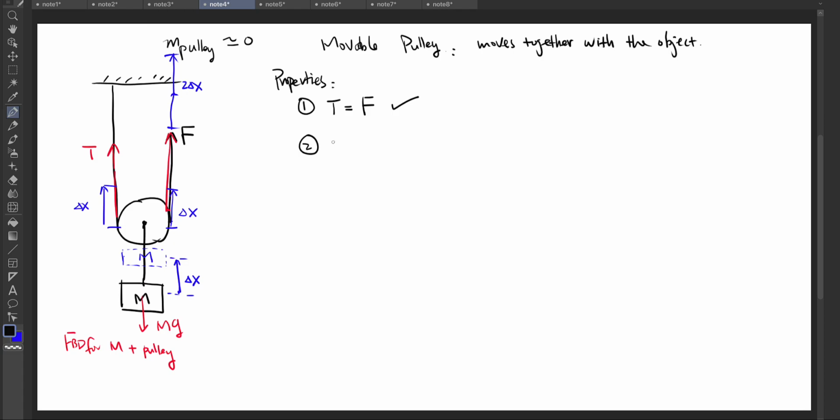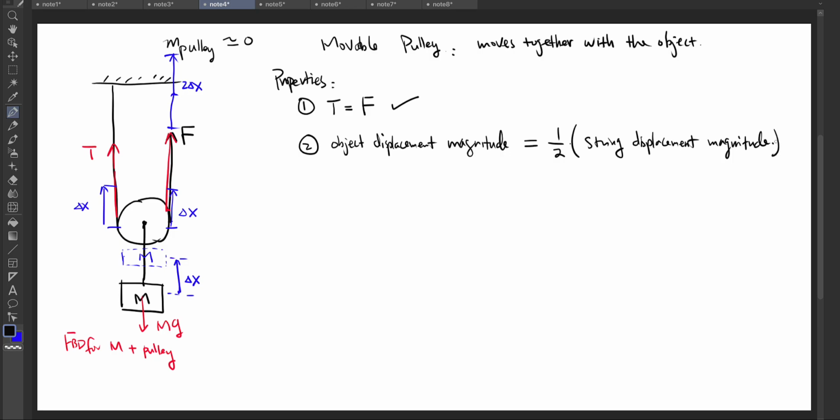The object displacement magnitude equals half the string displacement magnitude. All right, so that's the property of the movable pulley.